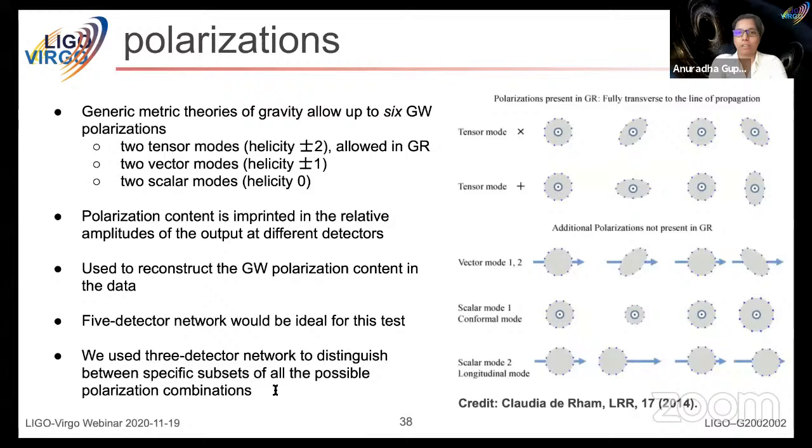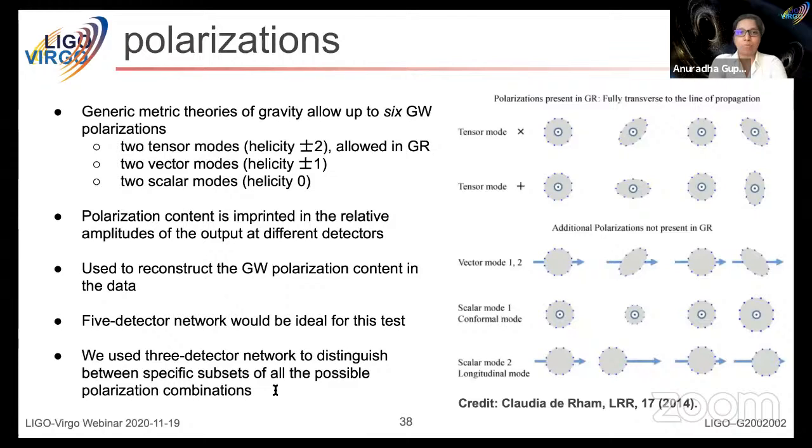On the right, we are showing how these different modes, when present in a gravitational wave, affect a ring of free particles when the gravitational wave passes through the ring. The polarization content of a gravitational wave is imprinted in the relative amplitude of the detector data, and by using these relative amplitudes, one can reconstruct the polarization content in the data.